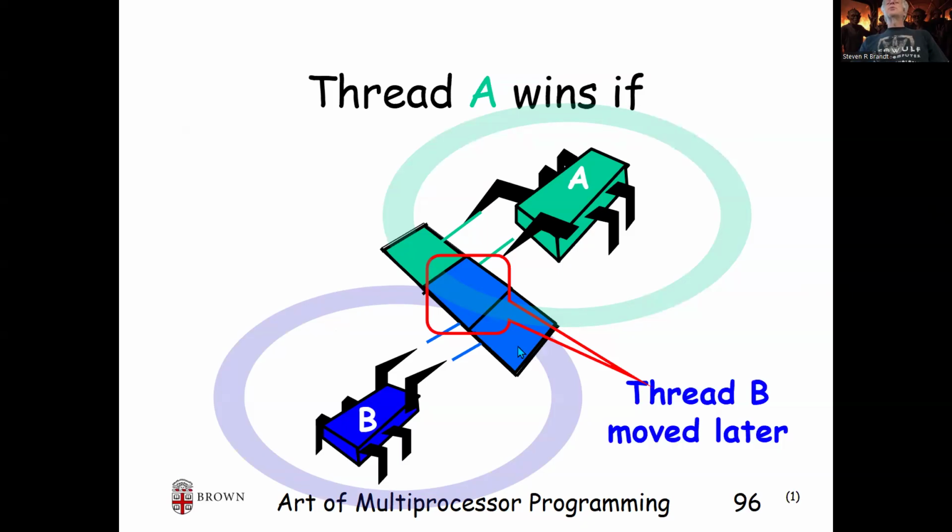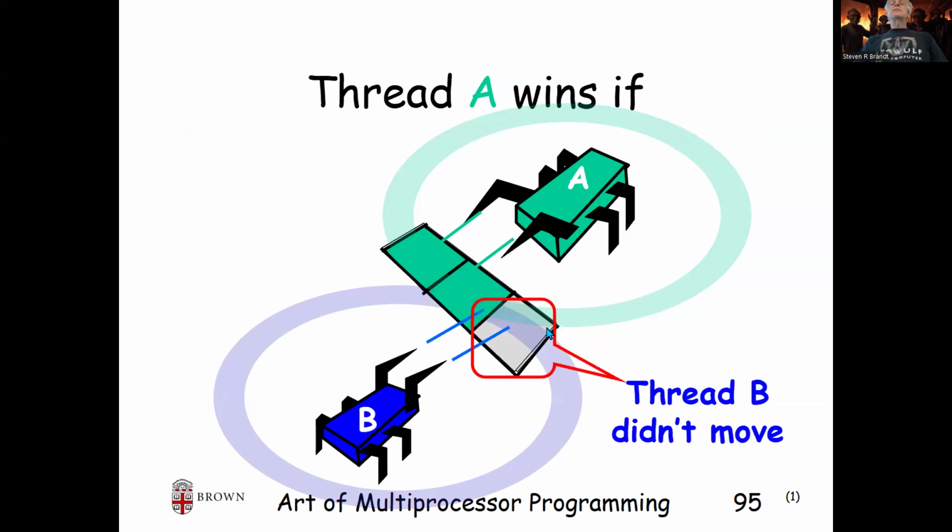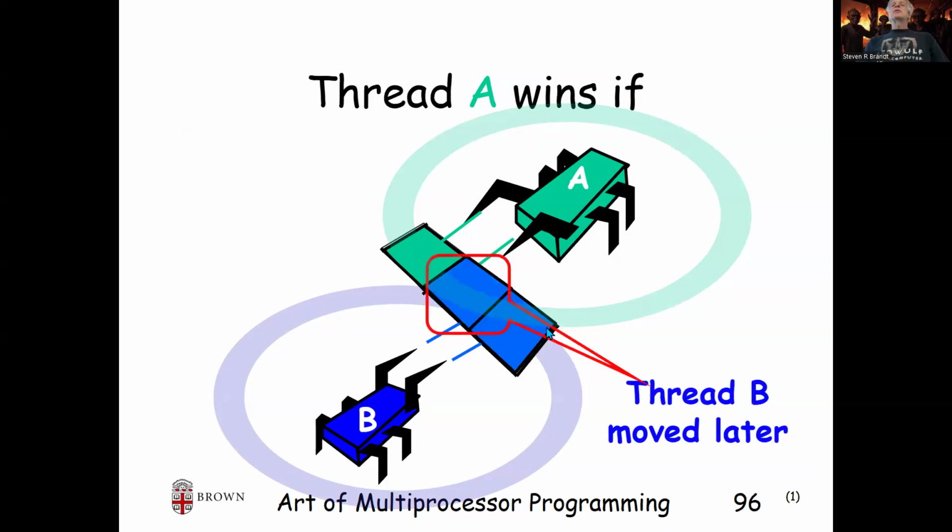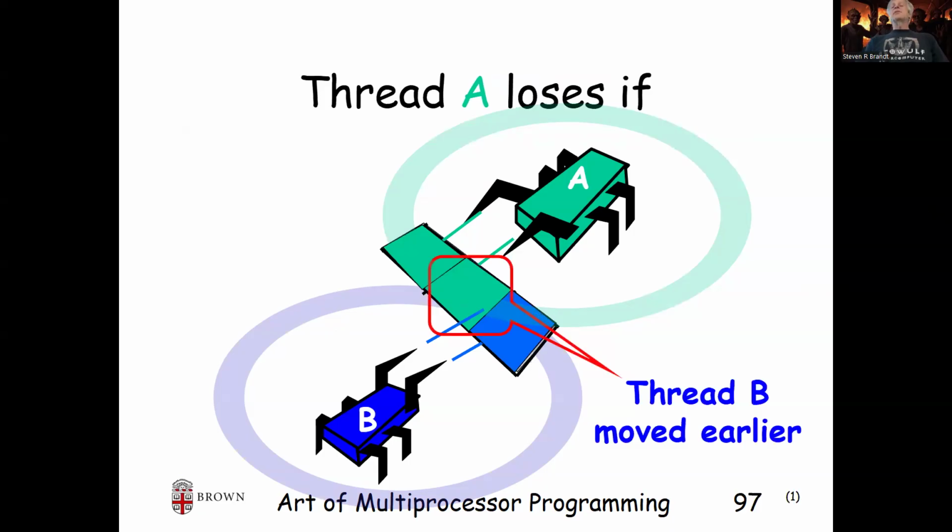So I can check both these locations. This one is empty, this one is empty: A wins. This one has B's value: A still wins. On the other hand, if A's value is there, then A lost, or B won, whichever way you want to look at that.